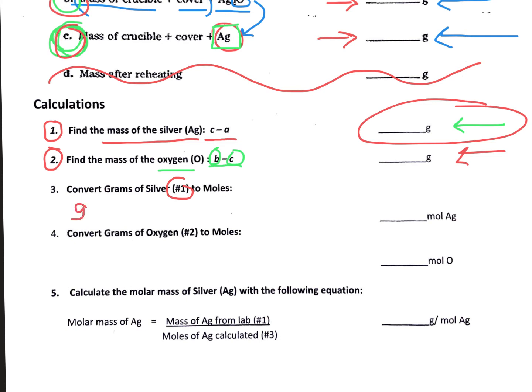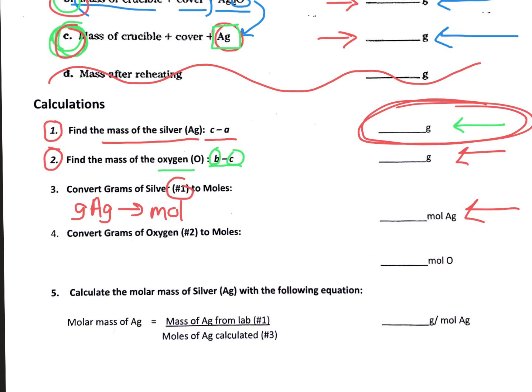So basically, grams of silver, which is Ag, convert into moles. Now you know how to do that. Use your mole map in a one-step mole problem to get that. Look on your mole map. How would you convert the grams of silver that you got in the lab and convert that into moles? You're going to put that answer right there. Go ahead and pause this video, work out that problem, and then we'll move forward.